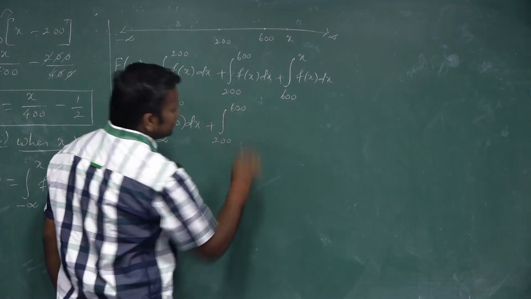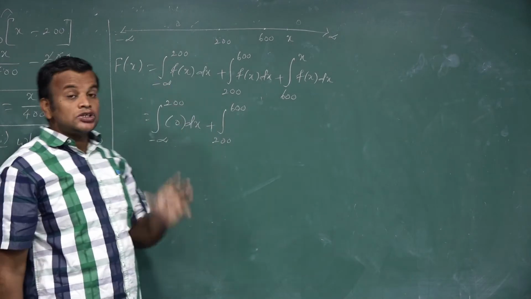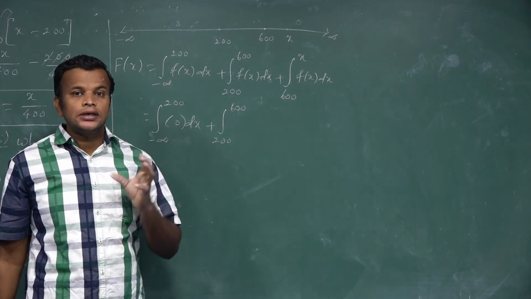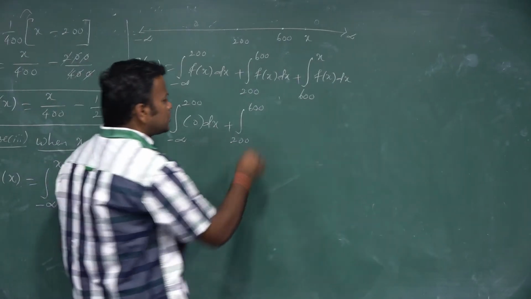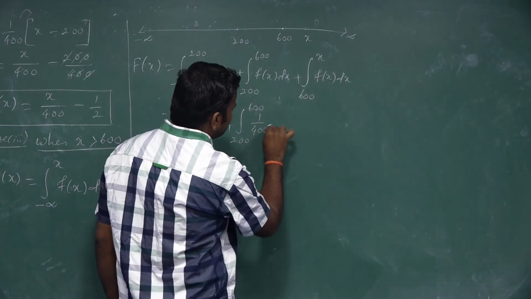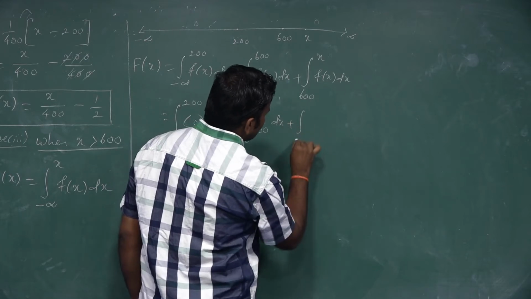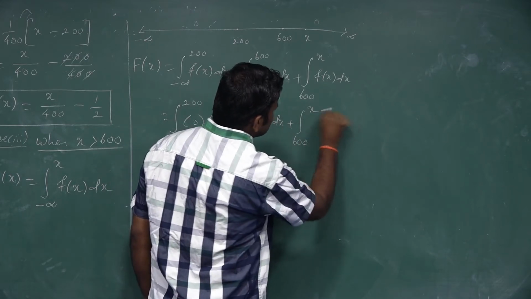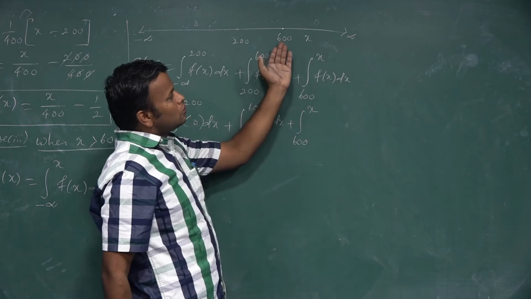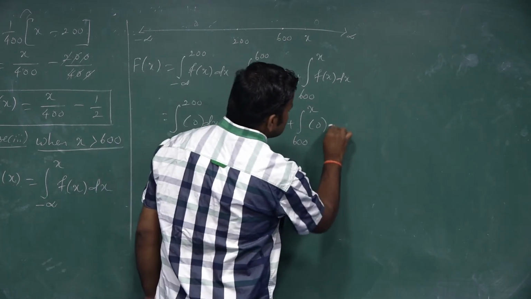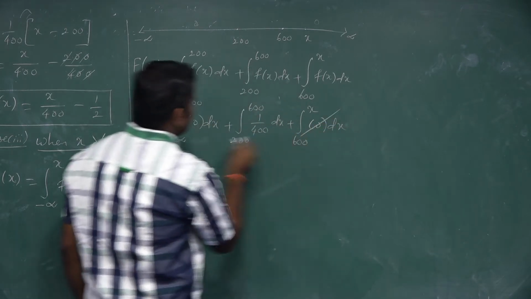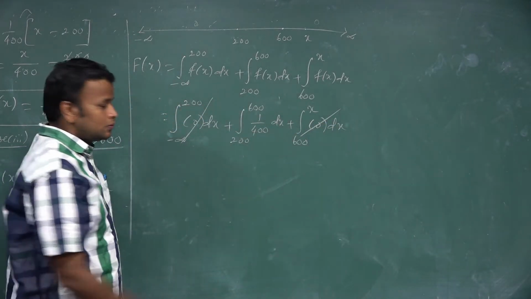From 200 to 600, f of x is defined as k, and we already found the value of k is 1 by 400, into dx. Plus 600 to x: suppose x goes more than 600, there also f of x is defined as 0, so we leave the 0 terms.